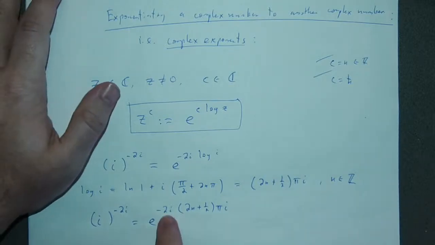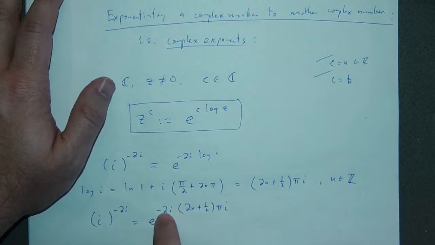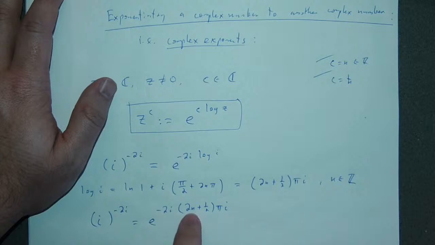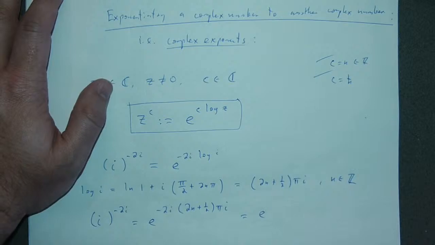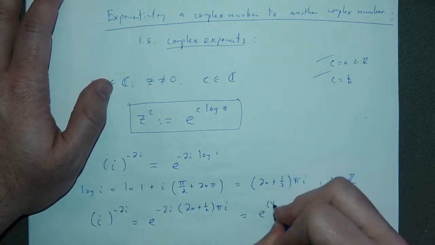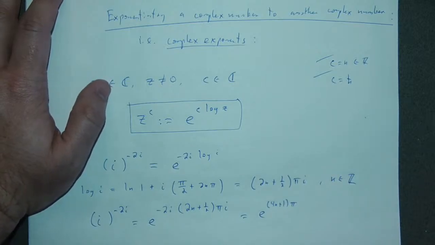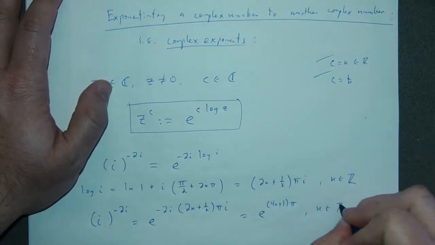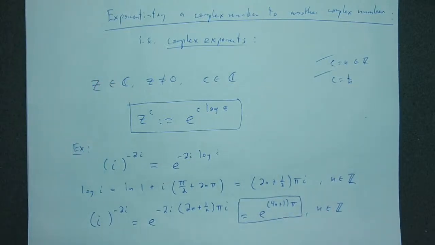So I have minus 2i times i, that's minus 2 times minus 1, because i squared is minus 1. So this is 2 times (4n plus 1) pi over 2, so this is e to the (4n plus 1) pi, where n is some integer. So these are my values of i to the minus 2i.